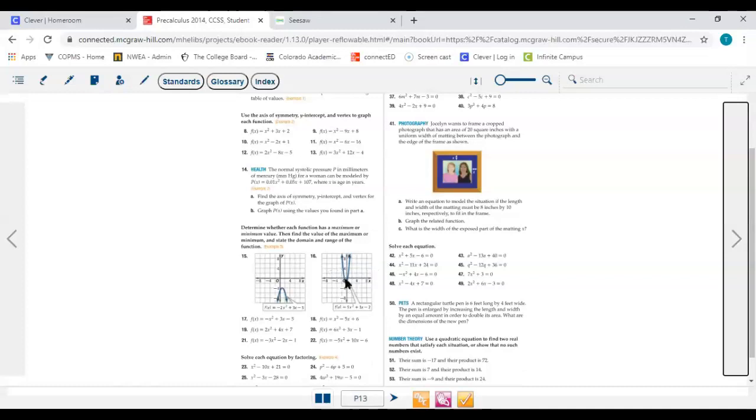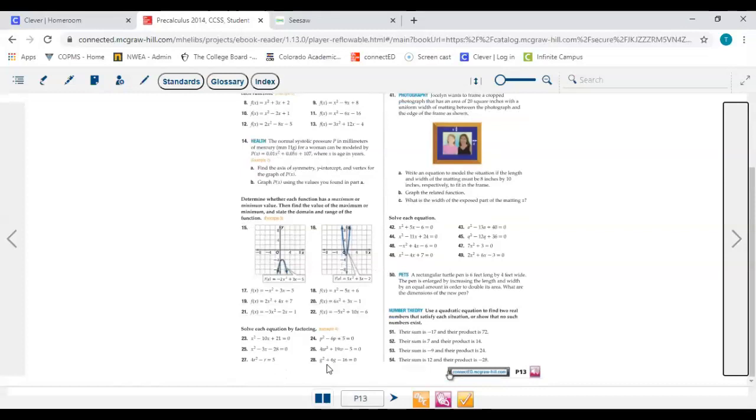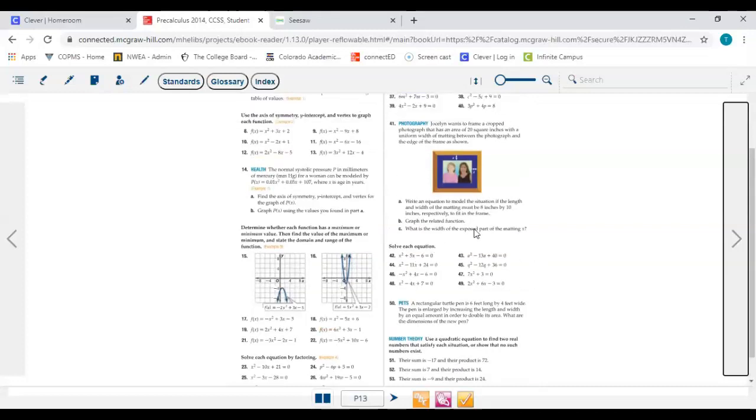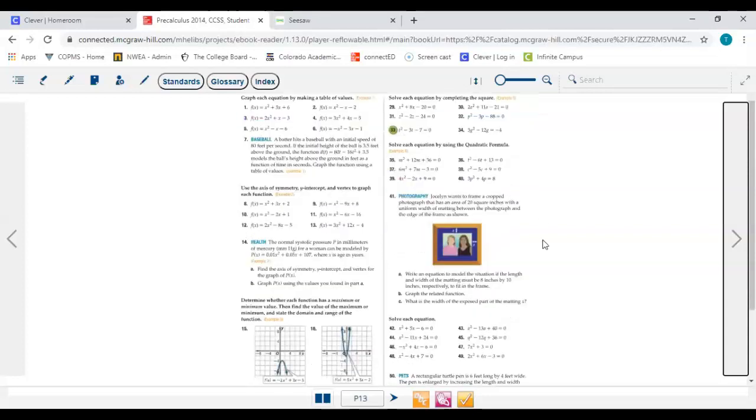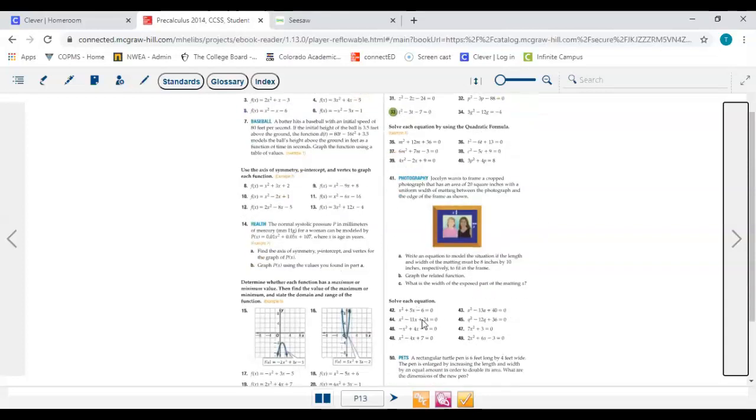The domain is going to be all real numbers, and it looks like your range is y is greater than or equal to -2. 24 through 28 down here are solving by factoring. 36 through 40 is solving using the quadratic equation or the quadratic formula. And then 42, 44, and 48 are just solving, trying to find the roots.